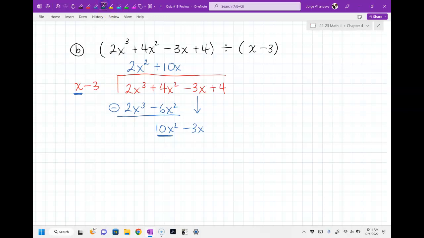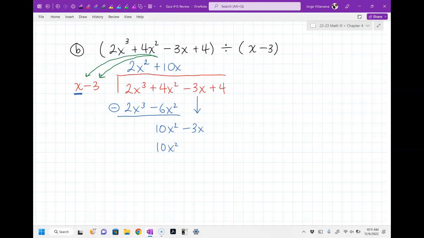Now remember, this is the only thing you're going to multiply when you're doing this over here, okay? You're not multiplying by 2x squared plus 10x, just the 10x, okay? So, 10x times x, that's 10x squared. Let me get rid of that little line there.